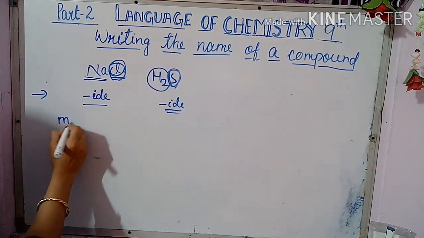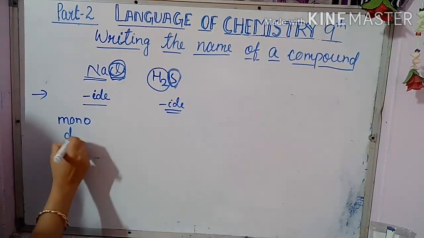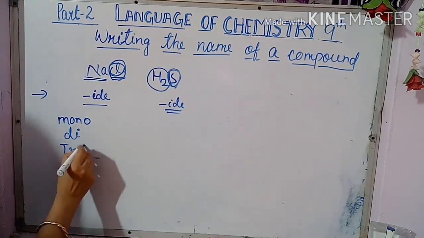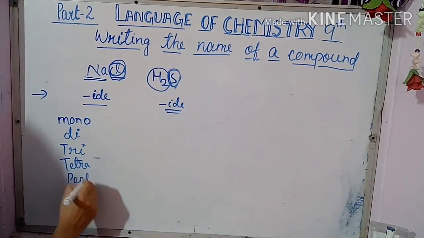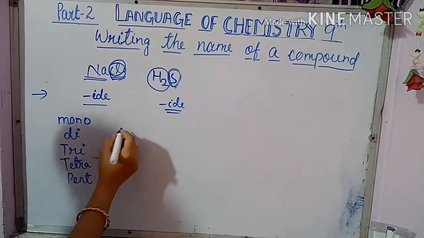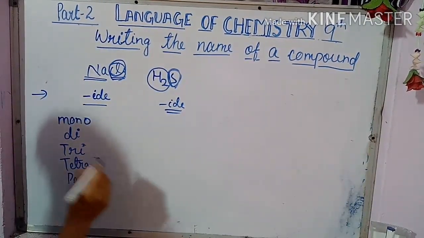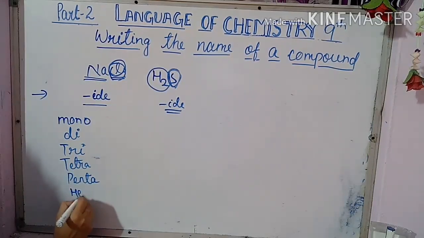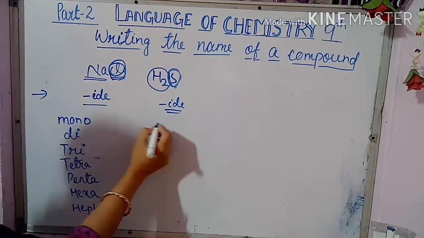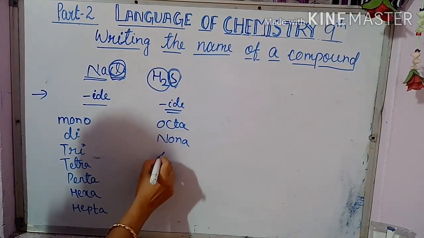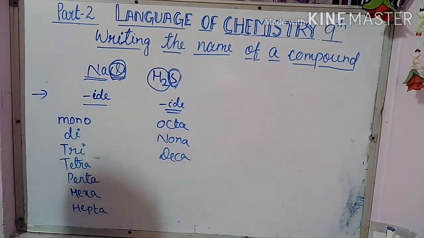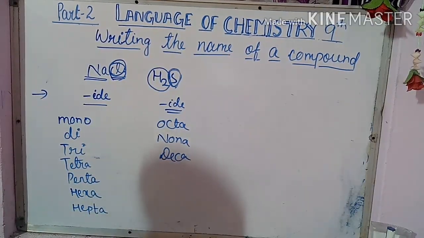Suppose 1 is present, you say mono, 2 present means di, 3 means tri, 4 means tetra, 5 means penta, 6 means hexa, 7 means hepta, 8 means octa, 9 means nona, and 10 means deca. Like this it is the prefix. Suppose I will tell you some examples. I will show you some examples.